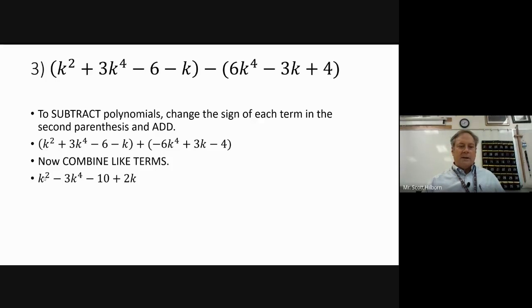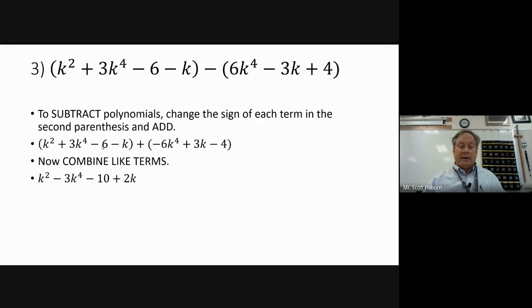So I brought down the k² because it was by itself. Now, why did I get a -3k4? Well, it was +3k4 added to a -6k4. So that gives me a -3k4.